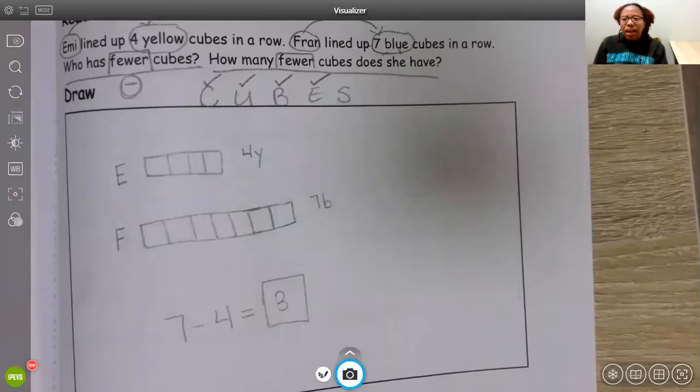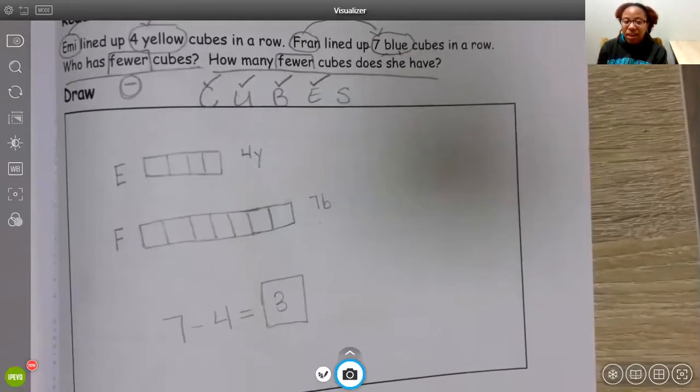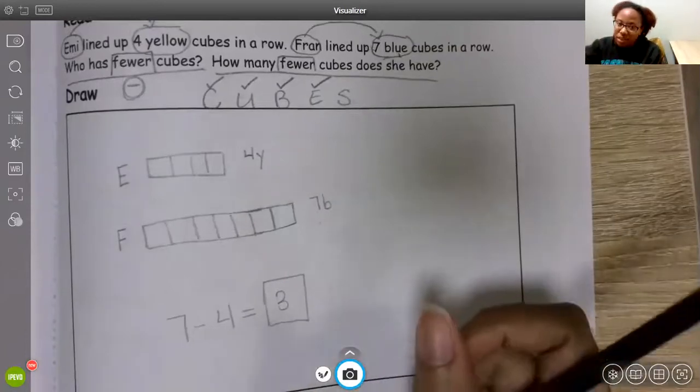Now I have to answer how many fewer cubes does she have? What do you think? That sounds like an interesting answer. So what I did to help me solve that question was I went back to my number sentence and I was like, well, I have 7 minus 4 and I know that that is 3.